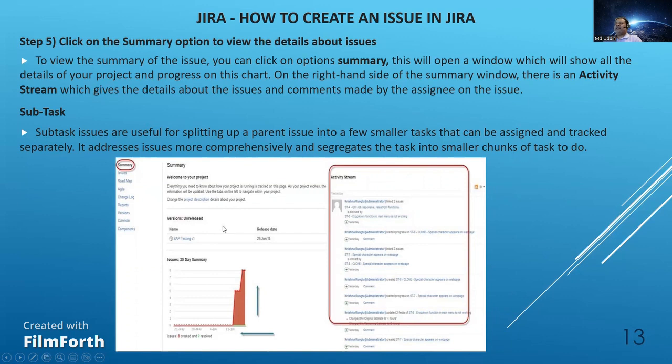Meaning a big issue or big task or user story, you can divide into different smaller user stories, which are called subtasks. The main issue is the parent and all others under that issue are the children. So you can create a parent and child relationship.